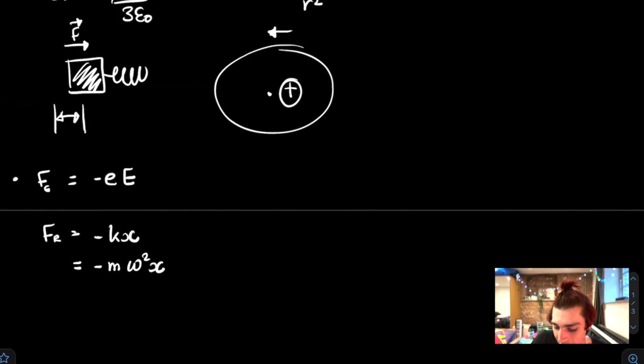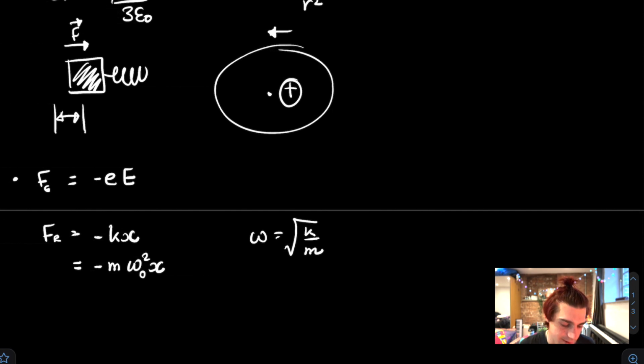Now, this is all from simple harmonic motion. Omega here is the resonant frequency of a mass on a spring and is normally given by the formula the square root of k divided by m. This comes out when you solve the differential equation of simple harmonic motion. I'm actually going to call this omega naught, because we're going to be considering a couple of different frequencies.